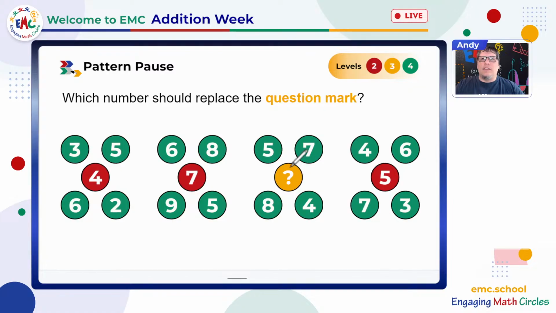So what is in the middle of 5, 7, 8, and 4? Give you a few moments to think. What could it be? Maybe Mr. Andy gave us a hint with all those middles.